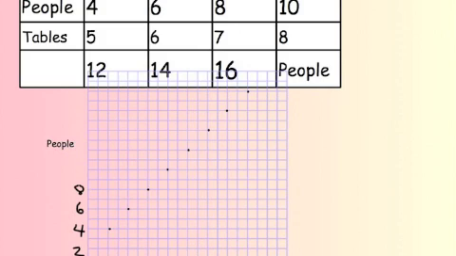Neither can we have 2.5 people. So therefore, this type of graph is called discrete. And we will explore more about this type of graph in a later lesson. But for now, do know that we should not connect the dots at this point. So as you can see, the same information can be organized in either a table or in a graphical manner.